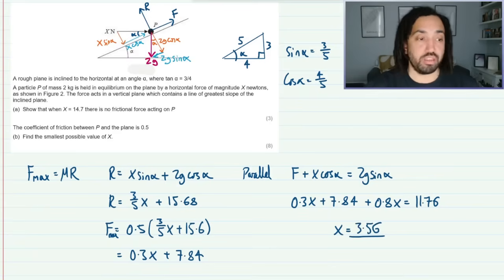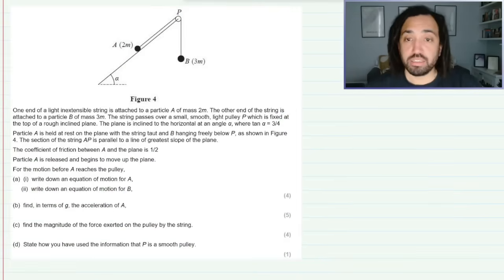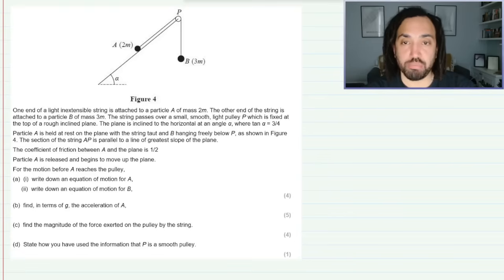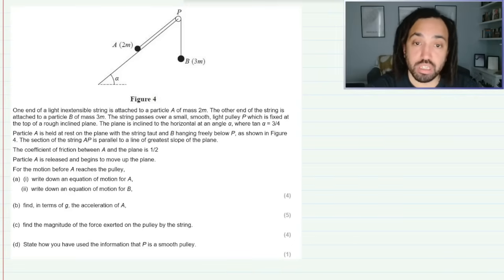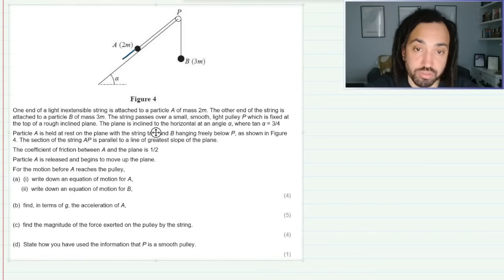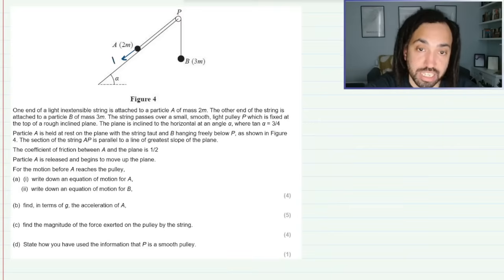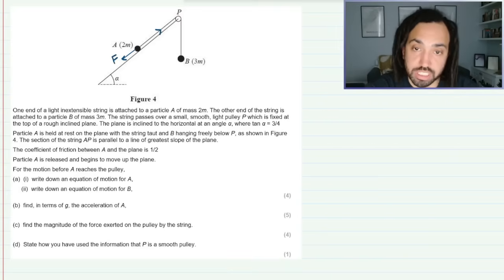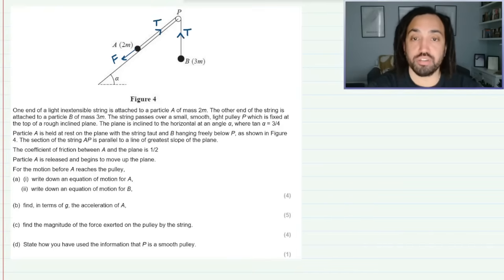Perfect. Okay, here we've got a connected particle, classic type question where we've got a pulley, a light pulley. This one's slightly harder though, because we have it on a rough slope, and it says that when it is released it will start moving up the slope, so that means that friction is going to work down the slope against the motion. And we always draw our tensions towards each other, like so.